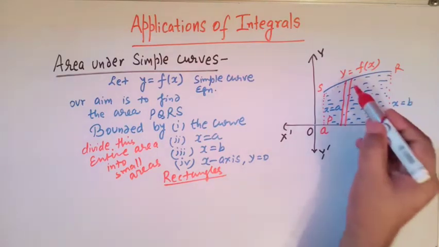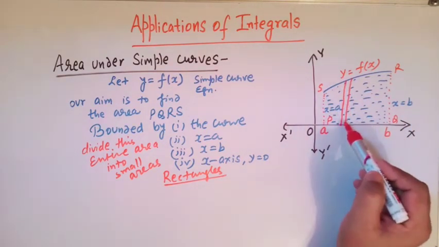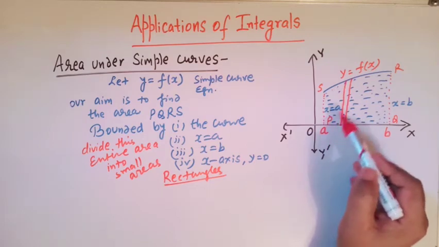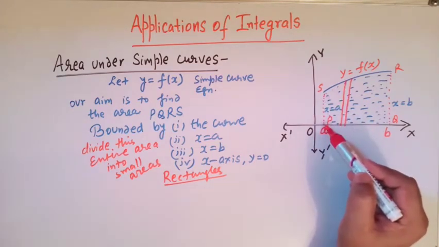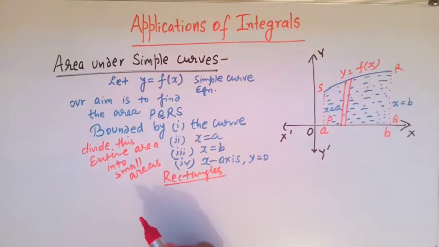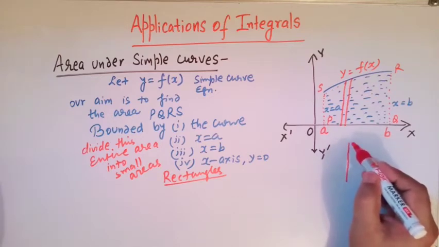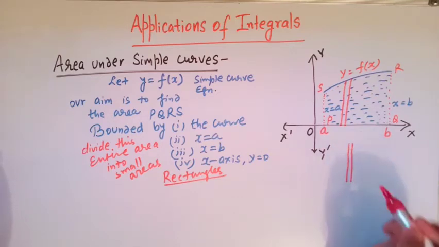Okay, so here we are taking a very small rectangular area of this whole area, that is PQRS. See the rectangle, it looks like this. Clear?